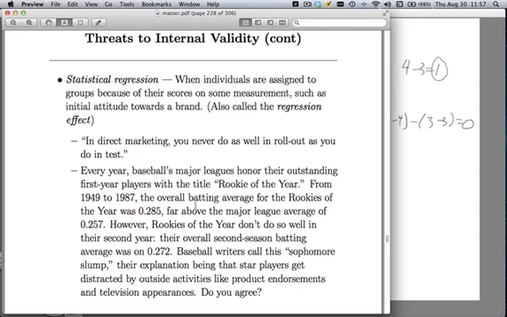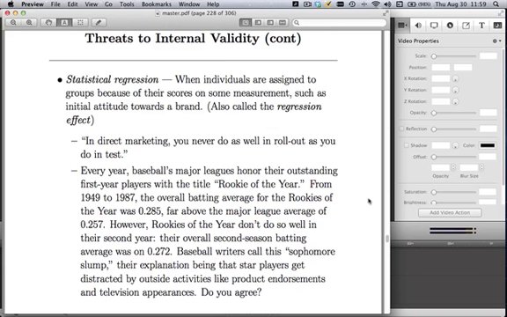People who are low get assigned to another group. Classic examples of this regression effect are the Rookie of the Year example, closely related to the Sports Illustrated cover phenomenon. So let me run you through these.